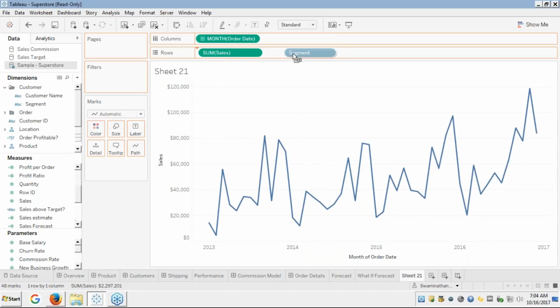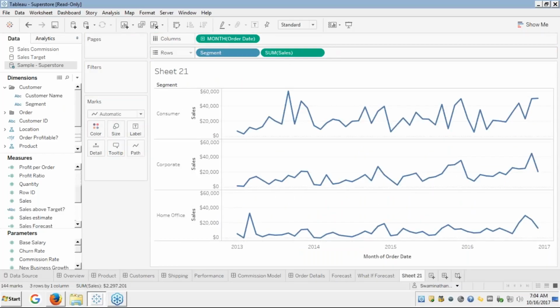I'm going to take the segment from this field. As soon as I take the segment here, we have the data until December 2016. So the data is available until December 2016, and we are able to see it from here.